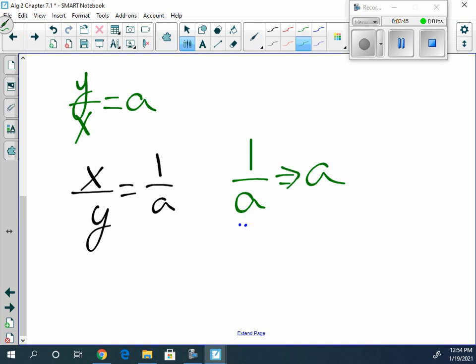Or we wouldn't really use equal, but can I write 1 over a the same as a? Yeah, because they're both just numbers, right? So really, I don't have to write this as x over y equals 1 over a. Just a. This is one of the many aspects of constant terms that we don't normally get into.